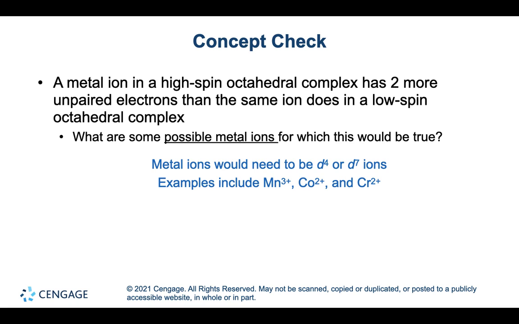And then the low spin case would be 3 pairs and a single in the EG. So 3 pairs in the T2G and a single in the EG for the low spin case. Okay. So examples of something that would be d4 or d7: manganese plus 3, cobalt plus 2, chromium plus 2.